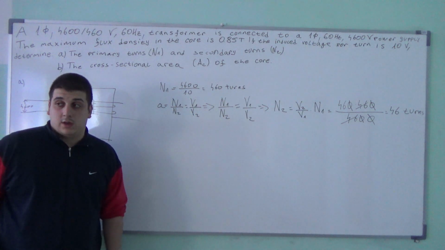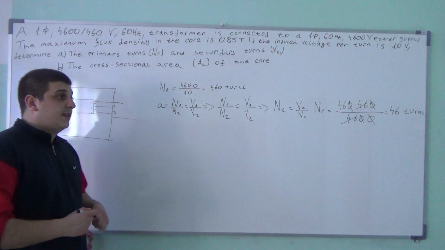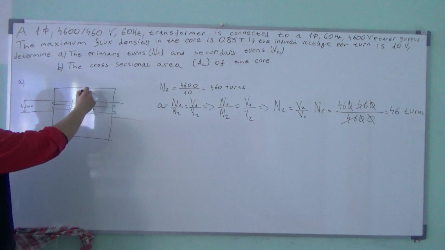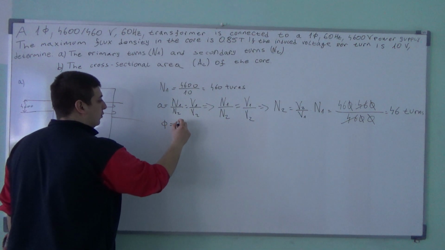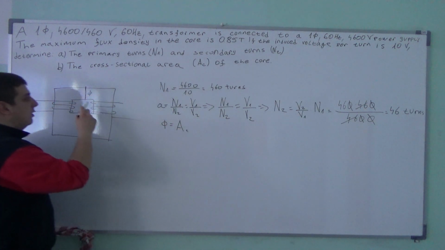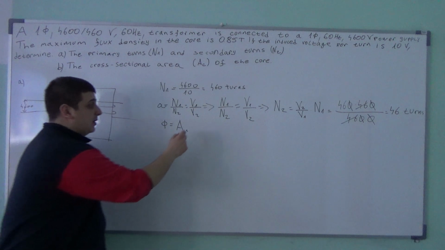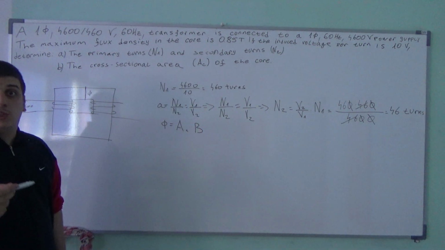I'll put this in the description. You know that the flux induced in the core is equal to the cross-sectional area of the core times the magnetic flux density.